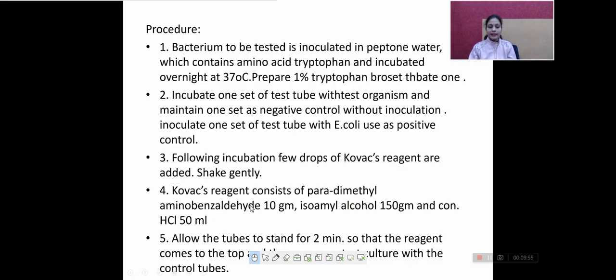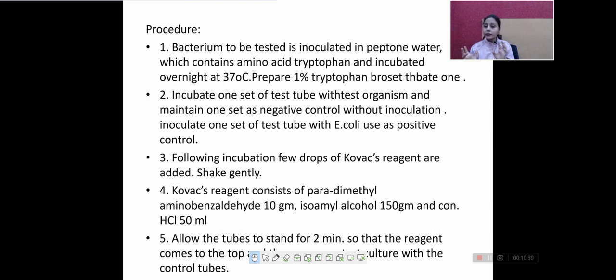Somewhere a question will ask what the Kovac reagent is and what reagents it is made of. Remember this: Kovac reagent is made up of para-dimethyl amino-benzaldehyde, isoamyl alcohol and concentrated HCl.